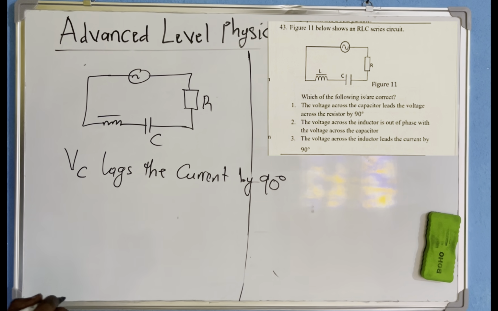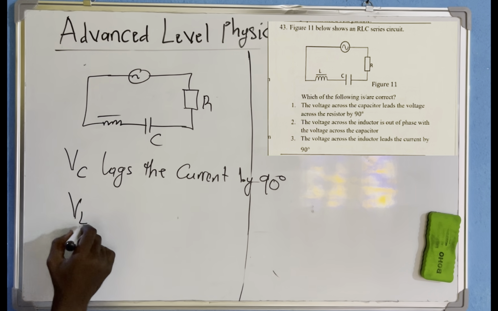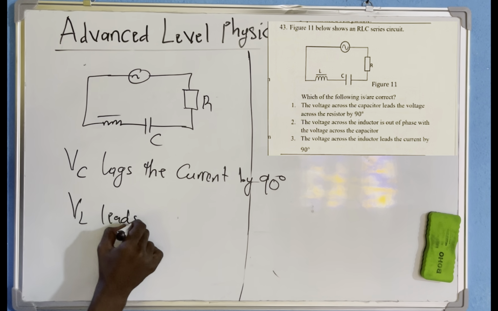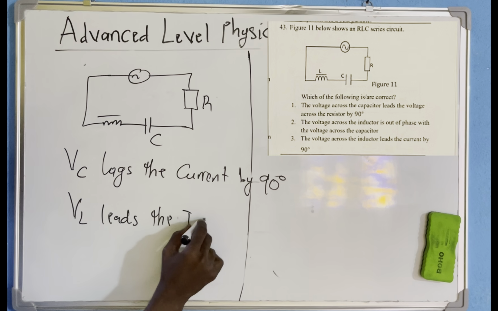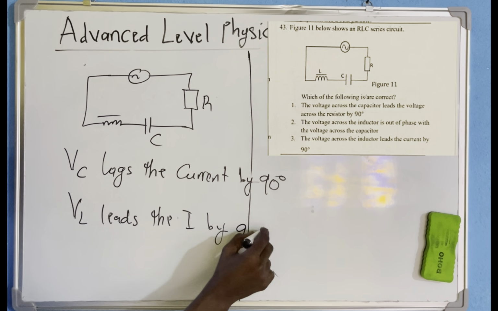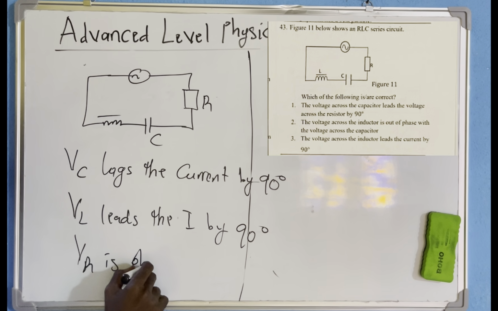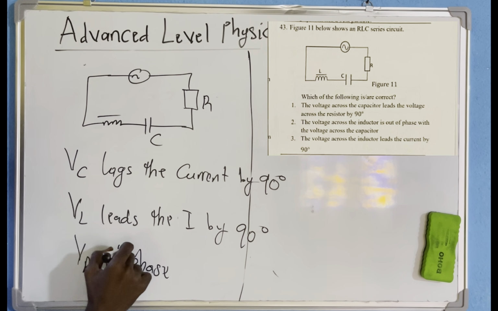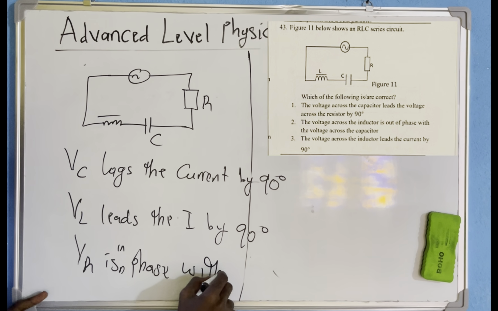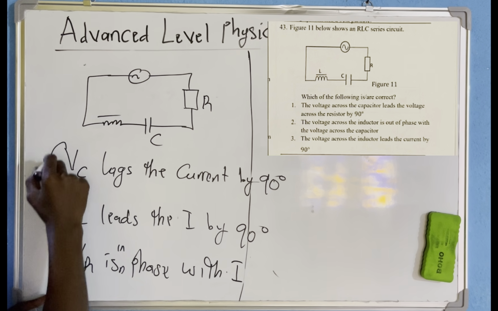The voltage across the inductor leads the current by 90 degrees, and the voltage across the resistor is in phase with the current. That is what you should know.